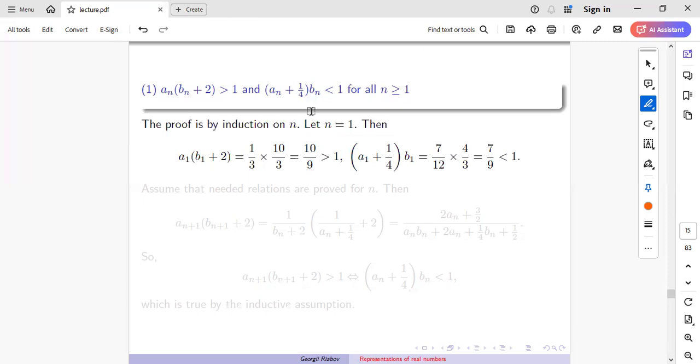So let's check this for n equal to 1. A1 is 1 over 3, B1 is 4 over 3. The product of A1 and (B1 plus 2) is 10 over 9, which is bigger than 1. Similarly, A1 plus 1 over 4 is 7 over 12. B1 is 4 over 3. The product is less than 1.